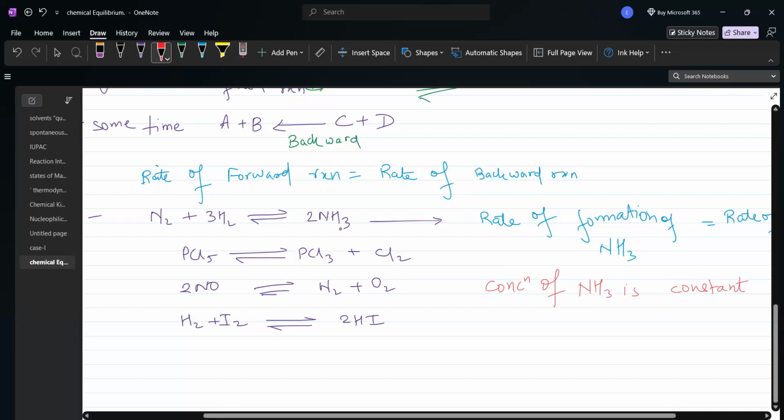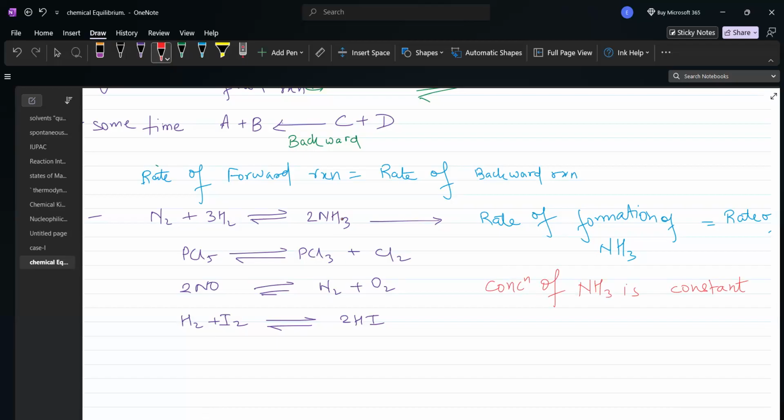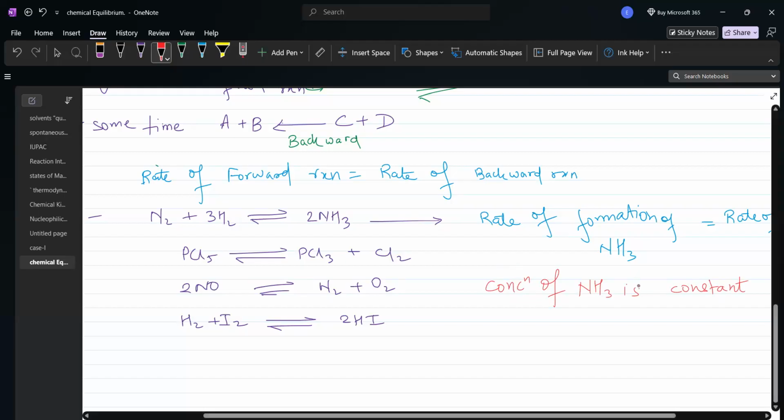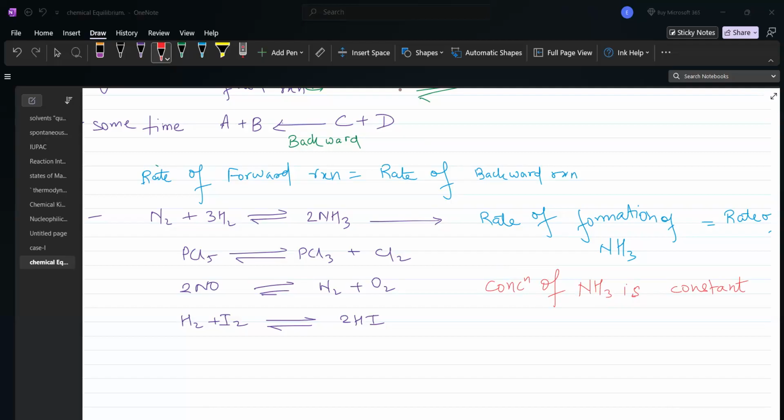Because formation and decomposition of NH3 are not changing, because both are equal. That is why the concentration of NH3 with respect to time is constant. Has everybody understood this? Kindly respond. Yes, sir. Yes, sir.